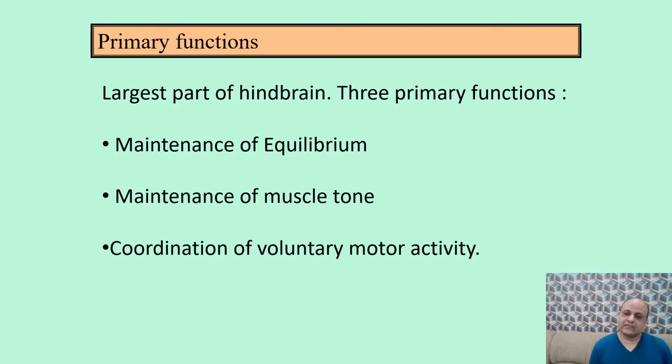So cerebellum has got a role in maintenance of equilibrium, our posture, and cerebellum is important for our coordination. This sense of coordination is the latest, the most developed action of cerebellum. So we will do that in detail.